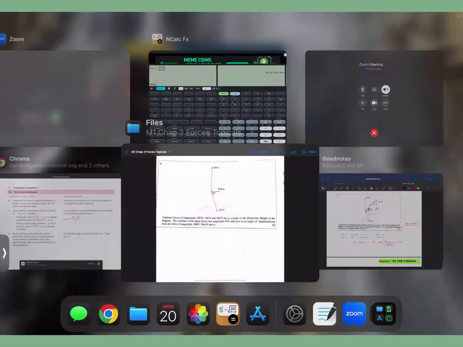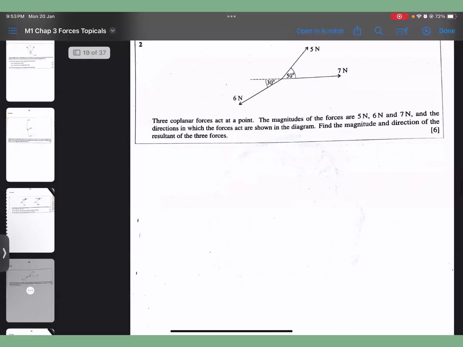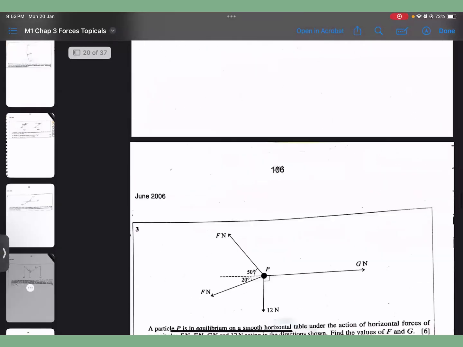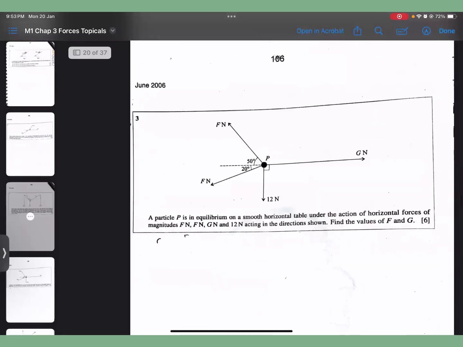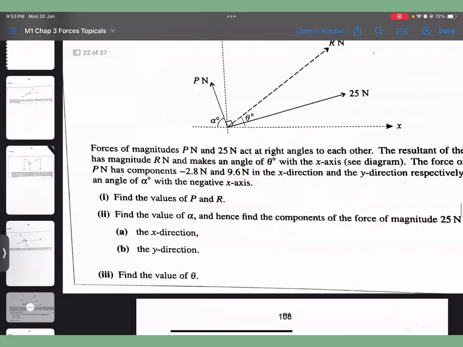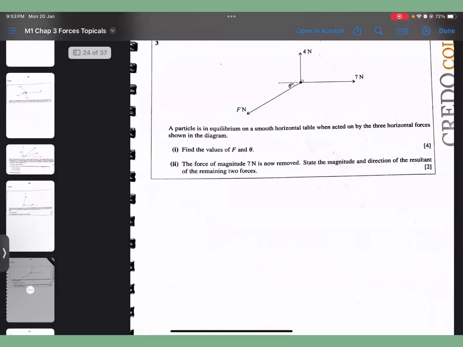Okay, I'll give you another one to do right now and then share it with me. Let me see a difficult question.